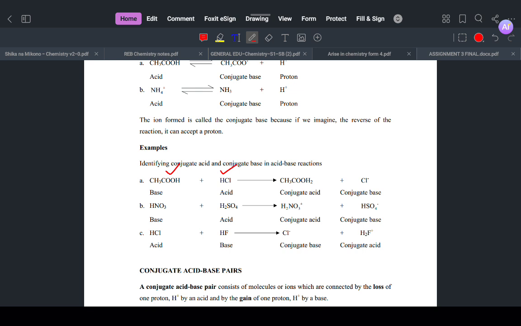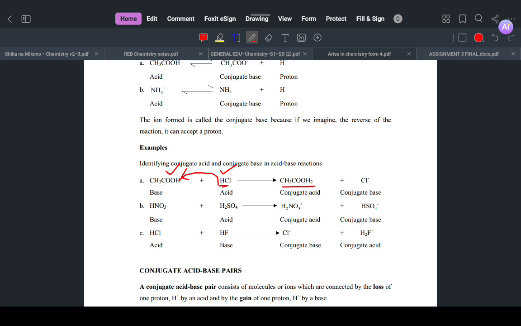In this case, the ethanoic acid is behaving as a base, which means it will have to receive a hydrogen from hydrochloric acid. The hydrogen migrates to it, so it becomes CH3COOH2 at the end.